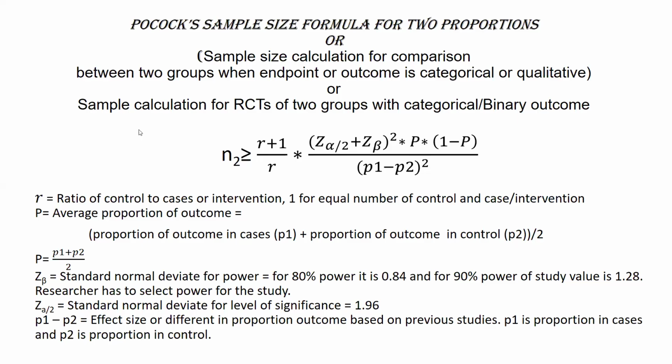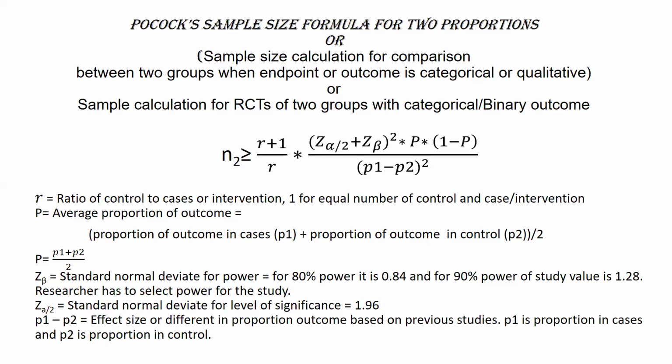So come here. It is N2. N2 means group number 2; we are calculating sample size for group number 2. Generally, group number 2 is the control group. So we are calculating sample size for the control group, and in 99% of studies, the sample size in the control group and in the experimental or case group is equal.